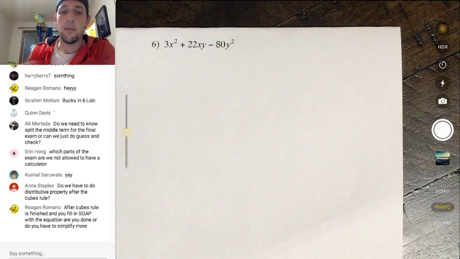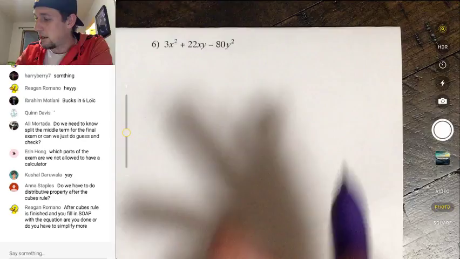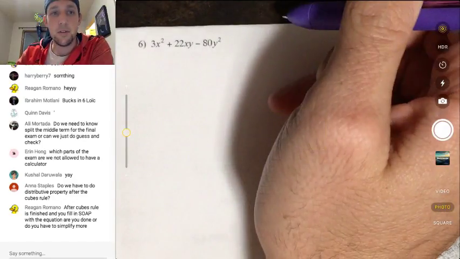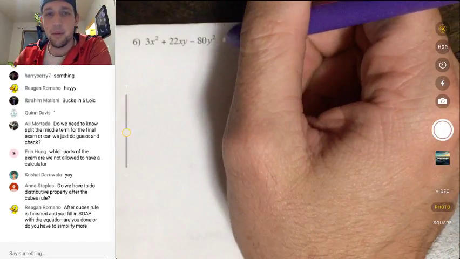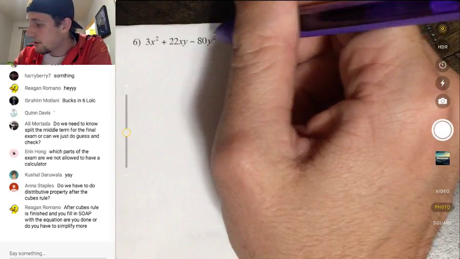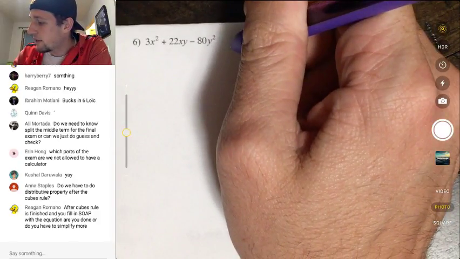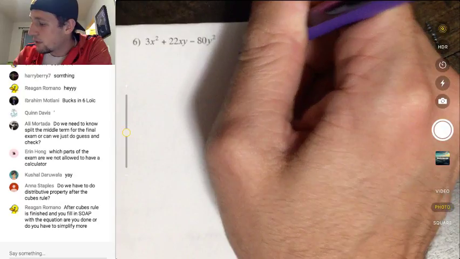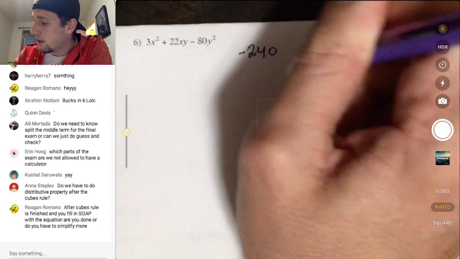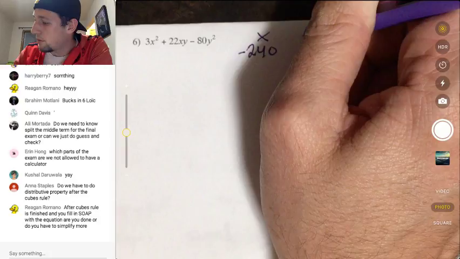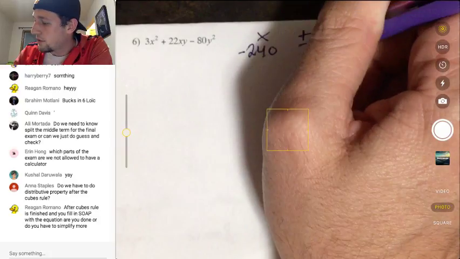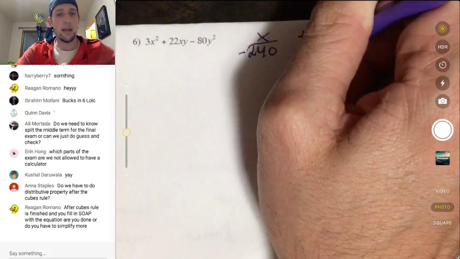I'll do actual split the middle term here because I know a lot of you do that, but if you're a guess and check person, no big deal. So I'm going to still multiply 3 and negative 80. I get negative 240. So I am looking for numbers that multiply to negative 240 and add to 22.